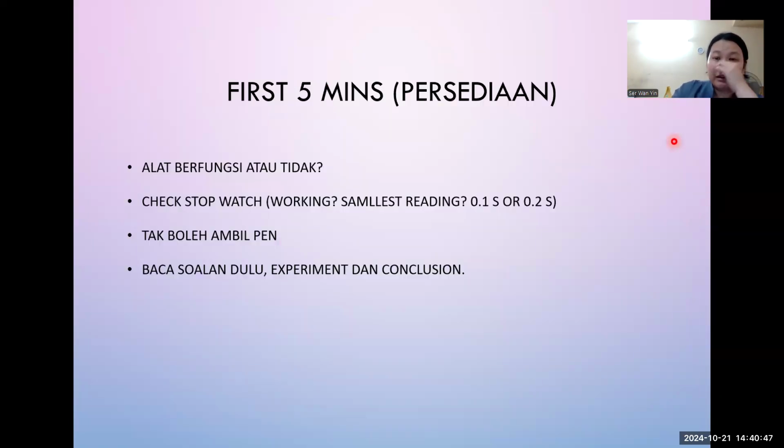Now, for the first 5 minutes when you enter, I forgot to write here. Please check if your apparatus is enough or not. Tick what you have. Then check whether the apparatus functions or not. For example, if you have a stopwatch, check whether it functions. Ammeter functions or not.